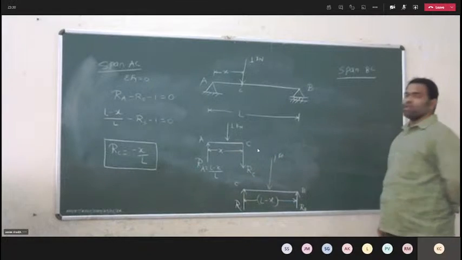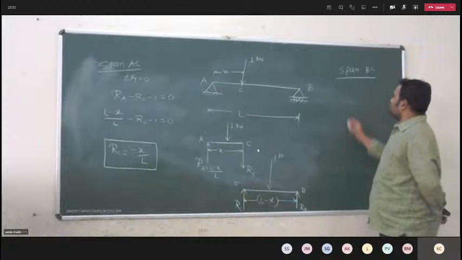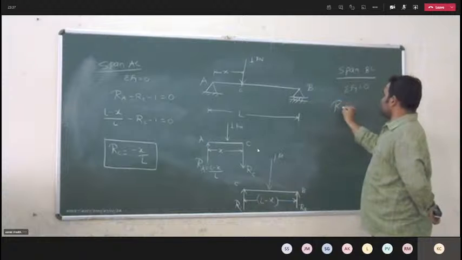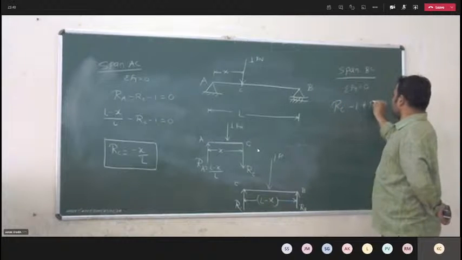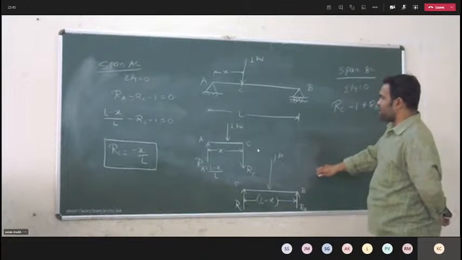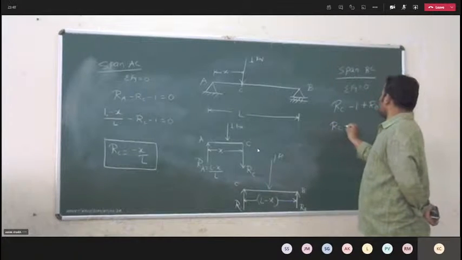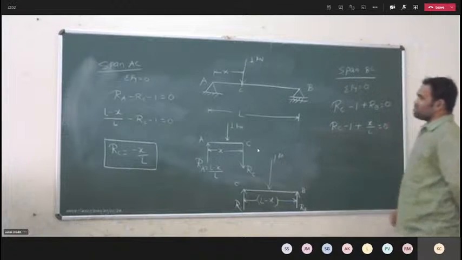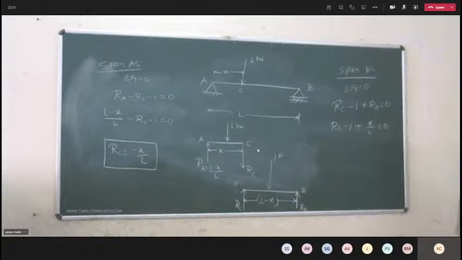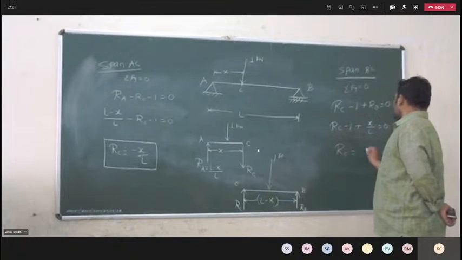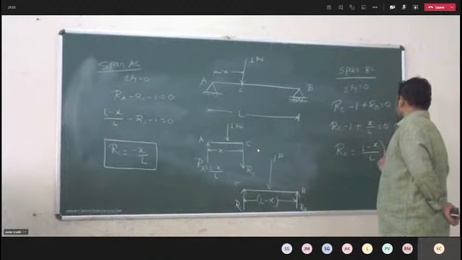So again I am applying summation of Fy is equal to 0. So RC minus 1 plus RB is equal to 0. As the value of RB is known to you, that is x by L, RC minus 1 plus x by L is equal to 0. In the last part, we calculated the value of RB, that is x by L. So now simplify. RC is equal to (L minus x) by L.